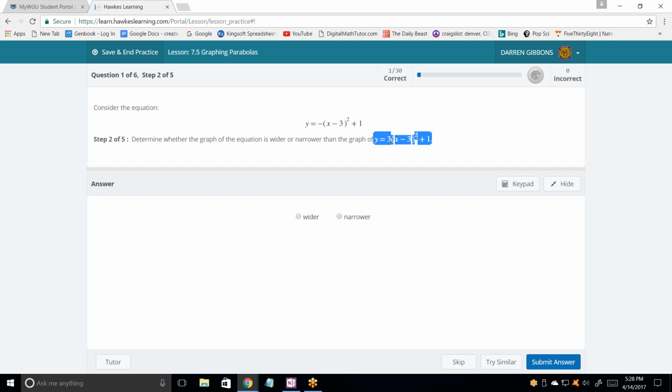And the 3 makes it skinnier. But in this question, they're asking how the top compares to the bottom. It makes the top wider than the bottom. If the bottom is skinnier than the top, then the top is wider than the bottom.